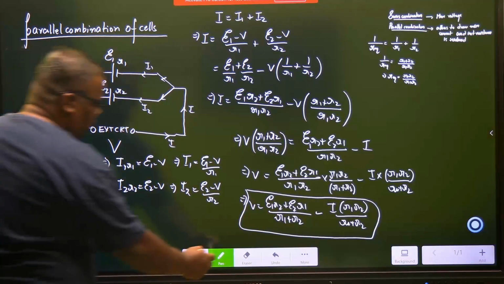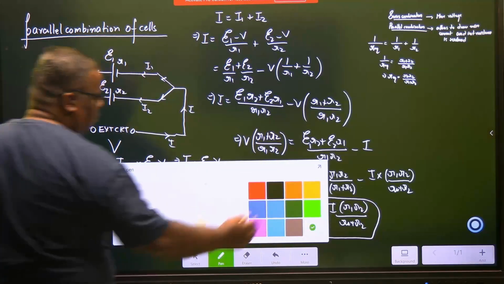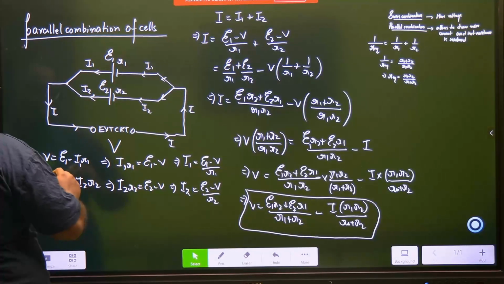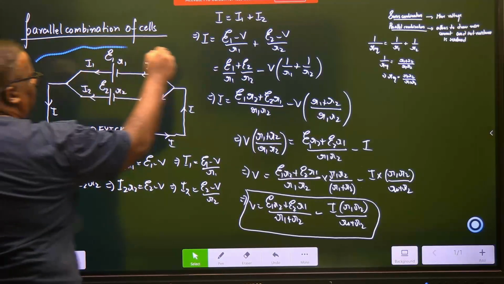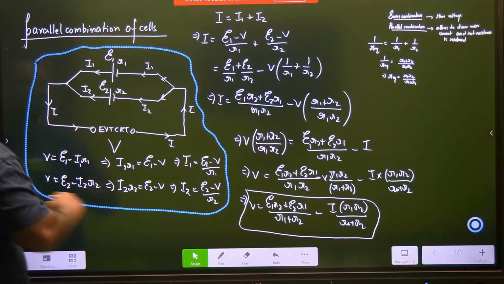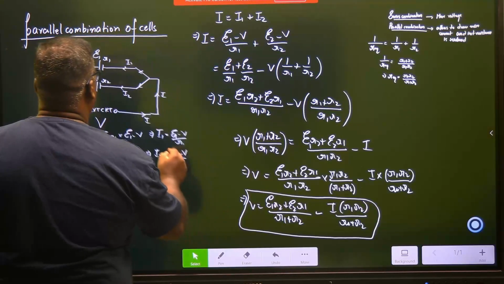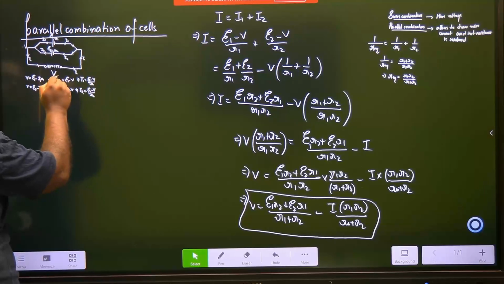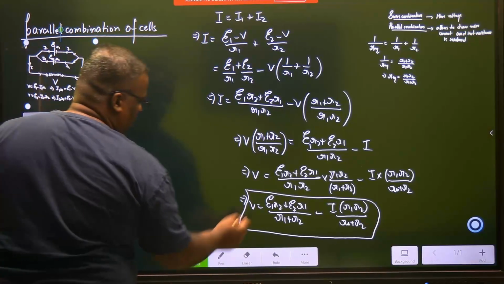So if you allow me one minute, I'll reduce this part. I just don't want to change the screen, okay? If I reduce this part, fine. How do I write this?